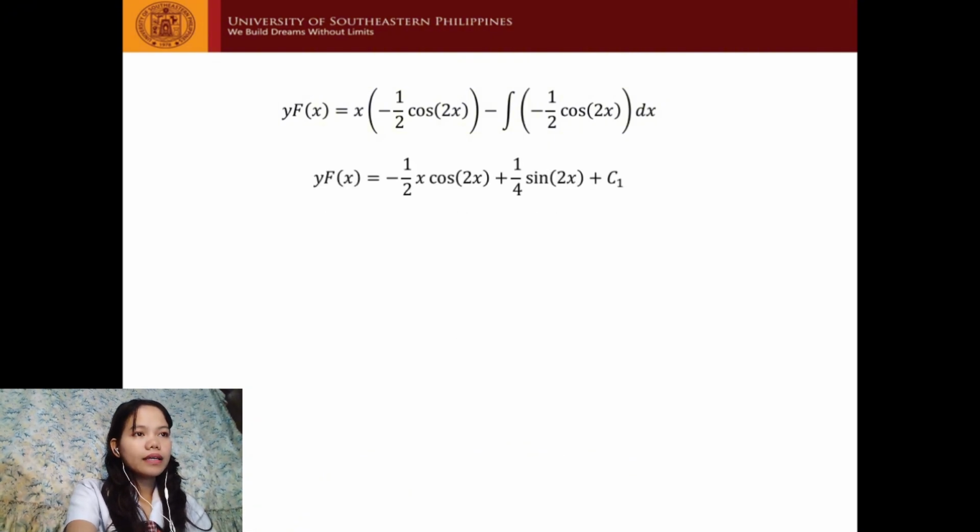Now, to simplify, the integral of negative 1/2 multiplied to the cosine of 2x with respect to x is positive 1/4 sine of 2x.